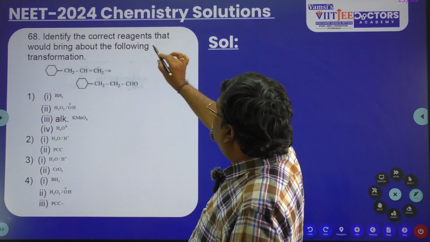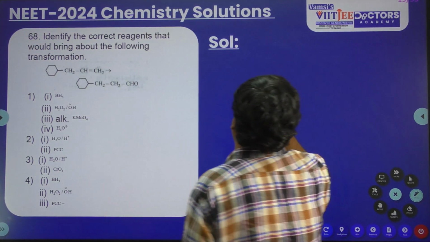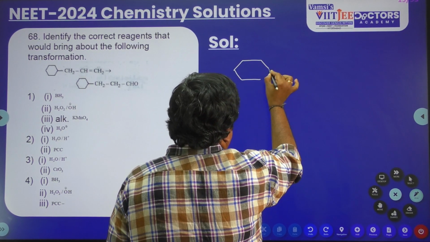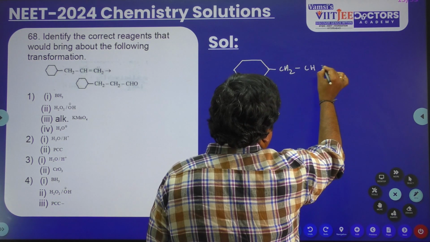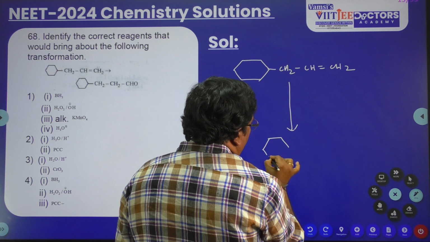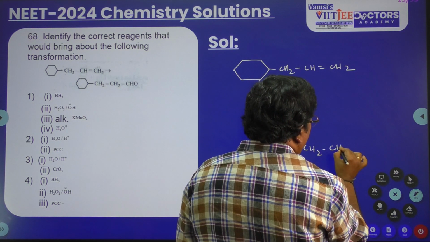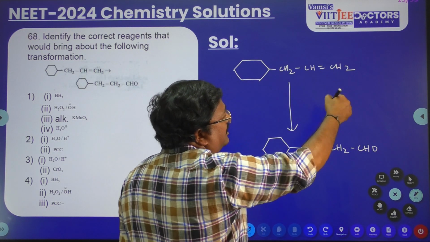Identify the correct reagents that would bring about the following transformation. Here, 3-cyclohexyl propene is to be converted into the respective aldehyde, which means first it should be converted into alcohol.